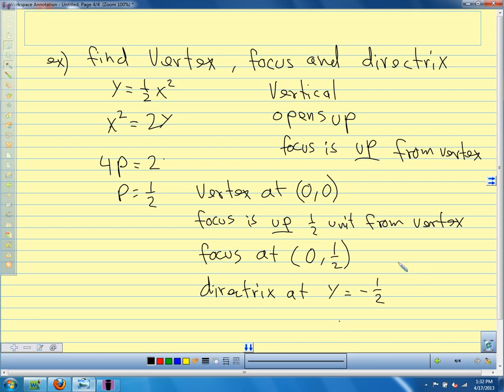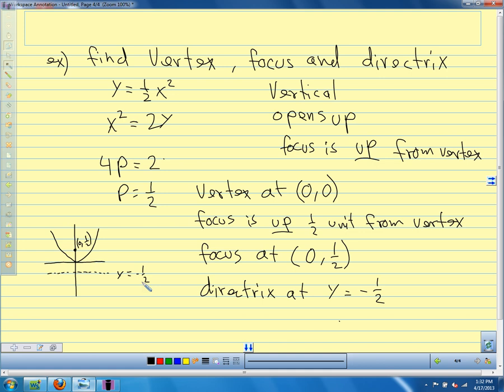So if we drew a quick sketch of this parabola, there's my x and my y. My vertex is at 0, 0. It opens up. The focus is going to be at 0, 1/2. And the directrix is this line down here at y equals negative 1/2.